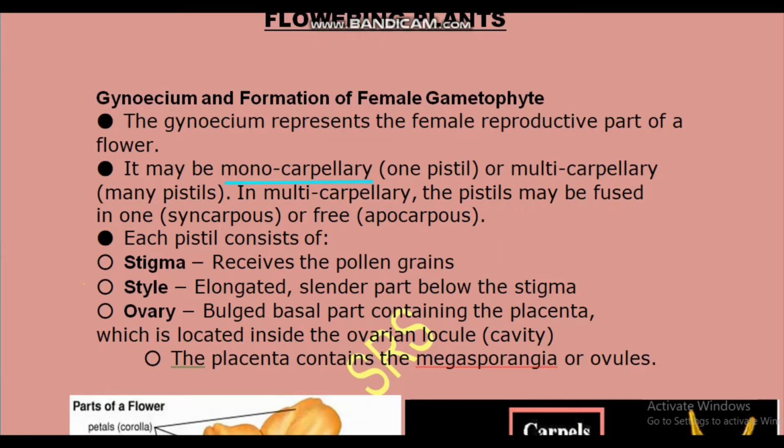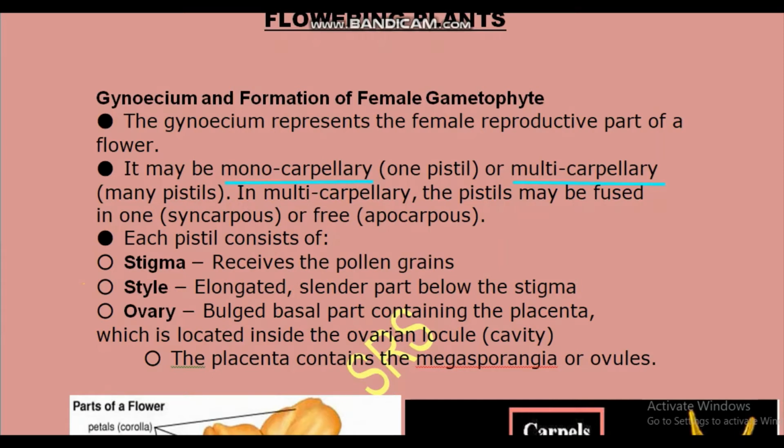At the same time, some flowers bear many carpels, so that is called multicarpellary. That means in a flower there may be one carpel or one pistil, then it is monocarpellary, or there may be many carpels, that is called multicarpellary.